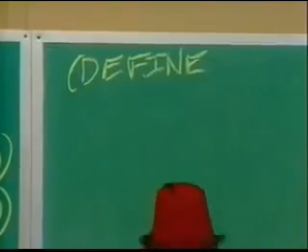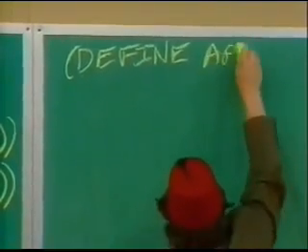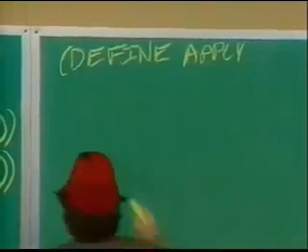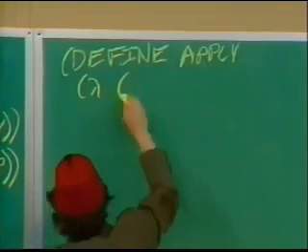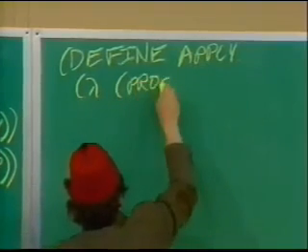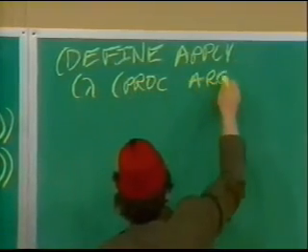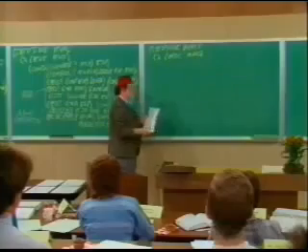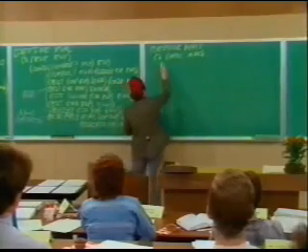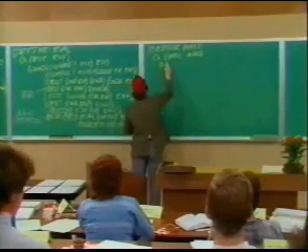So we will define apply to be a procedure of two arguments, a procedure and arguments. And what does it do? It does nothing very complicated. It's got two cases.